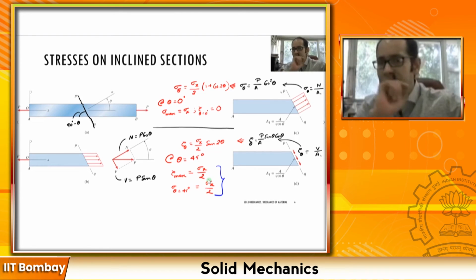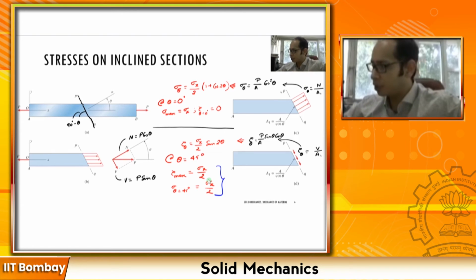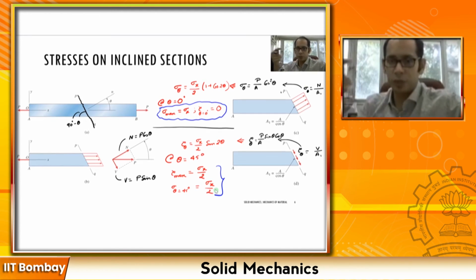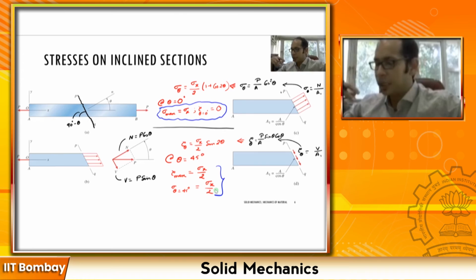This has some serious implications, as we will see in a minute. And the other important relationship is that at theta equals 0, which is essentially cutting the plane normal to the longitudinal axis, you have no shear stresses, you only have normal stresses.